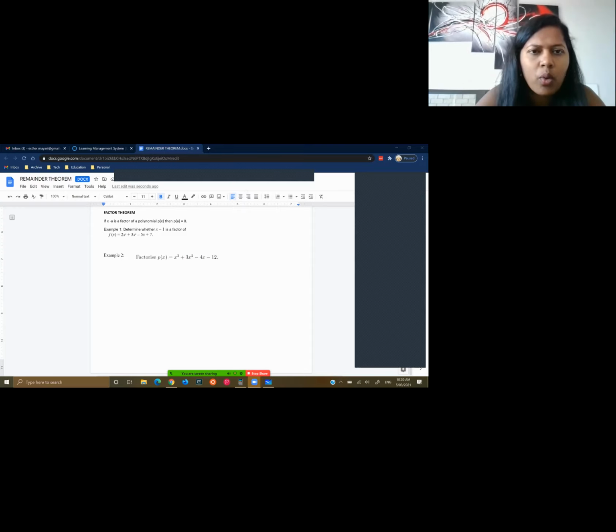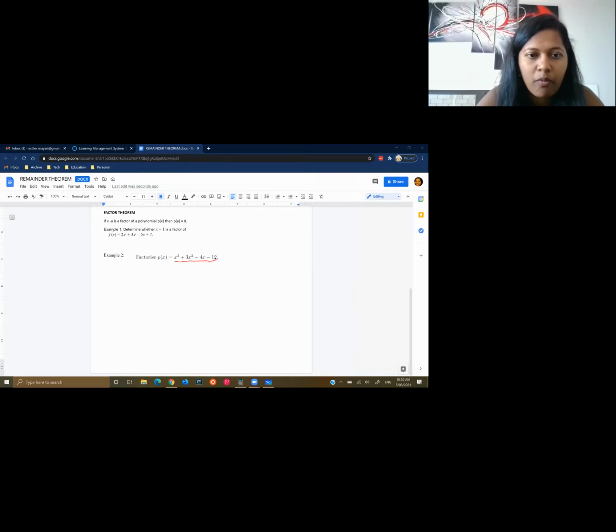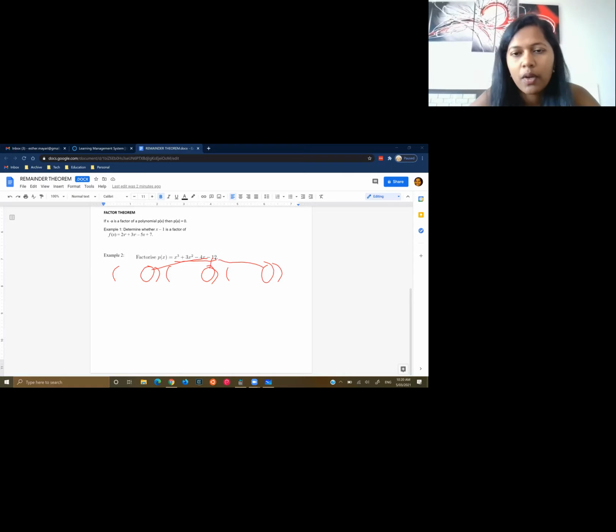What you have to understand is this is a cubic, and if it's factorized properly, it's going to have 3 brackets. Thinking about when you multiply it out, we know that these 3 last numbers multiply to 12, or negative 12. So we use that aspect to help us factorize.